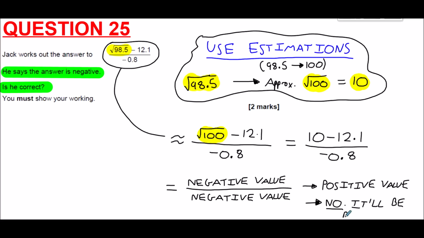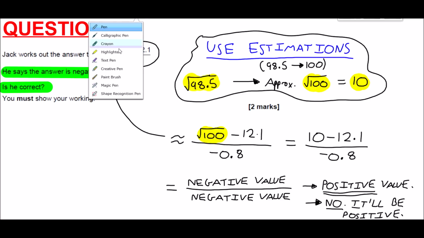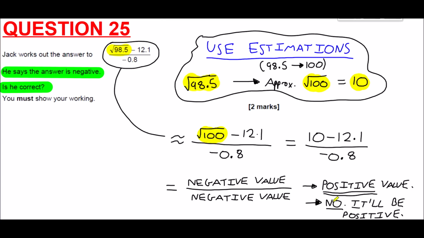To answer the question, you need to say no, because it's a yes or no question ultimately. Negative divided by negative will be a positive value. So is he correct? Definitely conclude by saying clearly no, he's not correct.